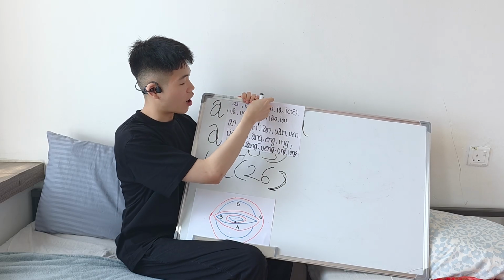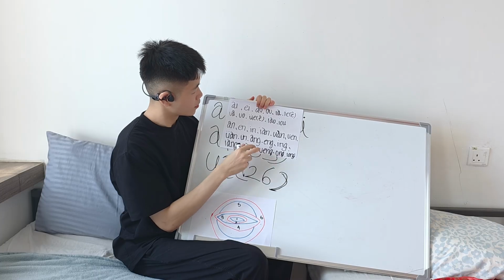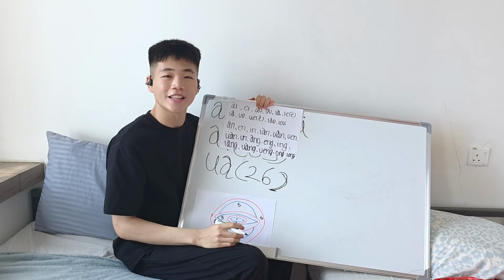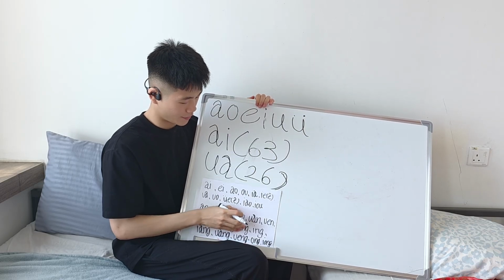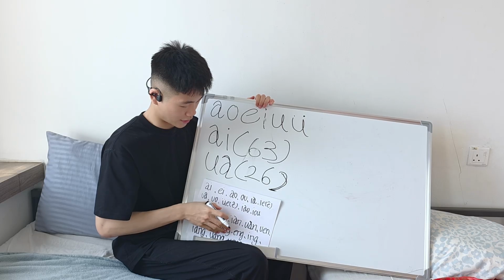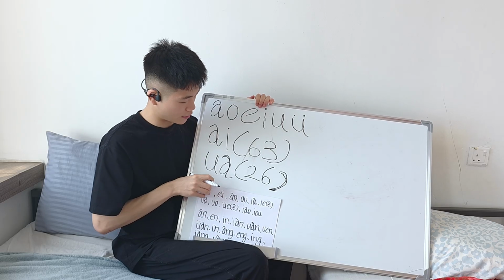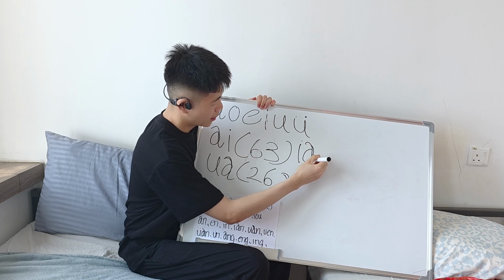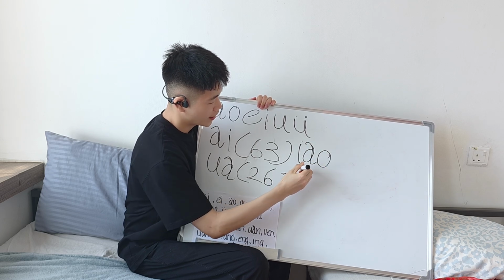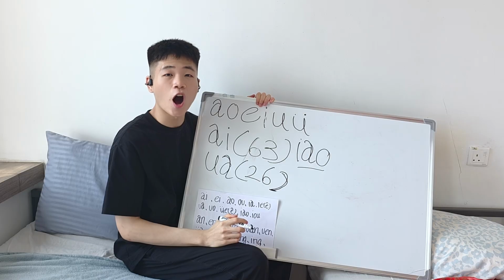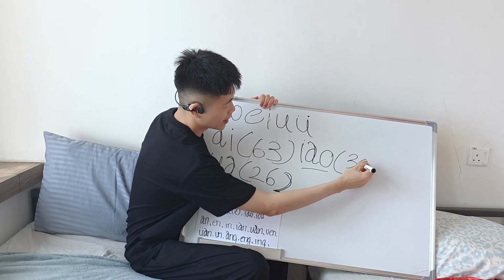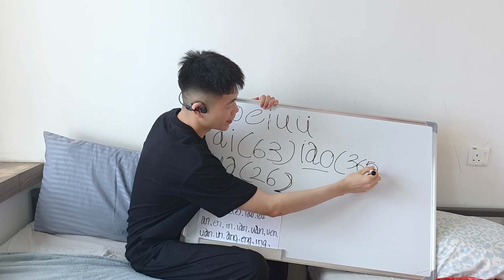Now let's look at a harder one. What about Yao? Let's do Yao. Yao has a 3 sound to it. So again, I, A, O, Yao. And again, it's gonna be 3, 6, 5.